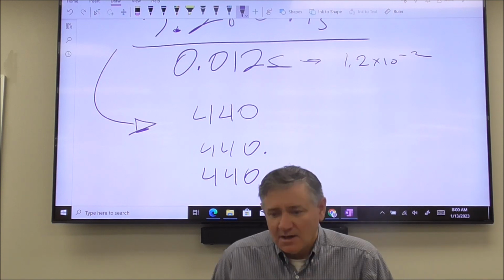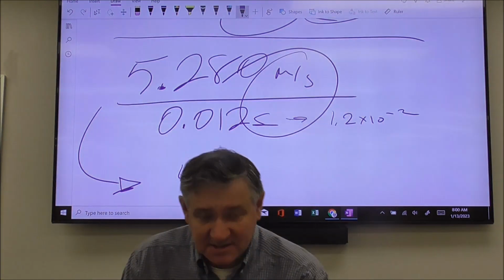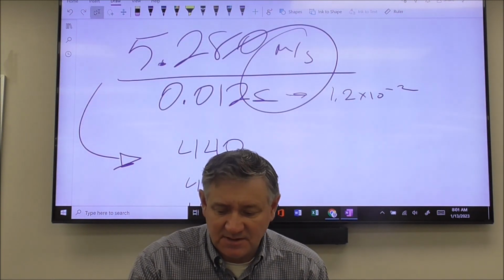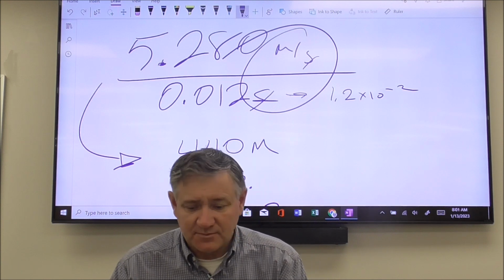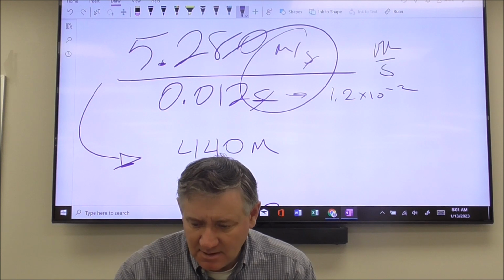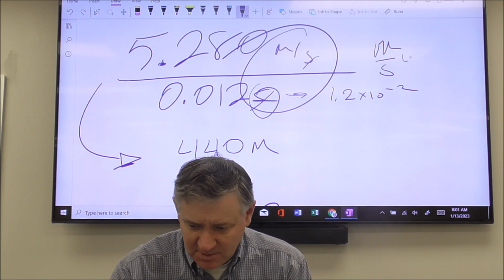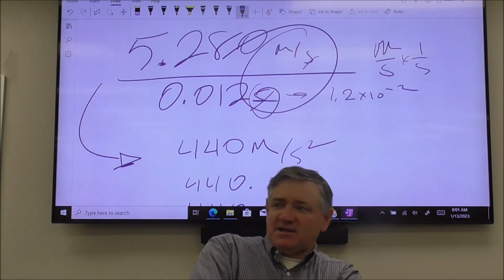So I took meters per second divided by seconds. So here's your 2 options. So did the seconds cancel out and I get meters? Or do I take meters per second, multiply by the reciprocal of seconds, and get meters per second squared?